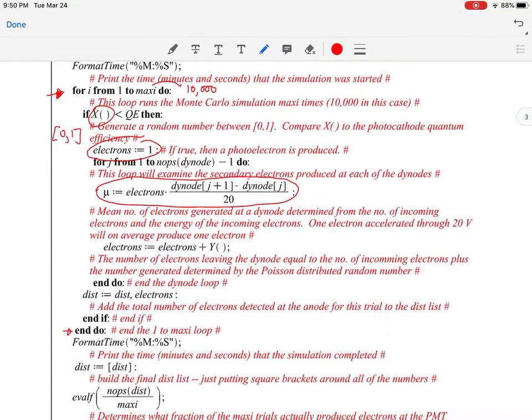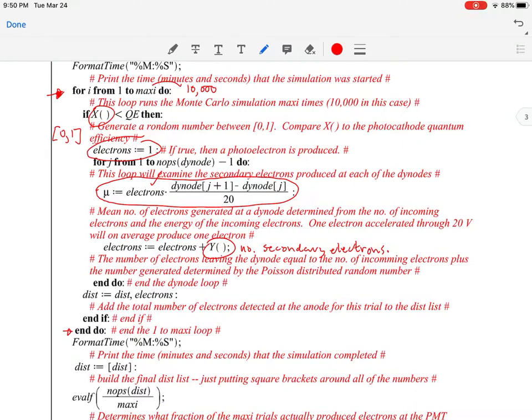So if there's one electron, we have 1 times the dynode voltage, which, for the first case, would be 150 minus 0 divided by 27.5. And then we draw a random number. This is the number of secondary electrons. And we add that to however many electrons were initially coming in.